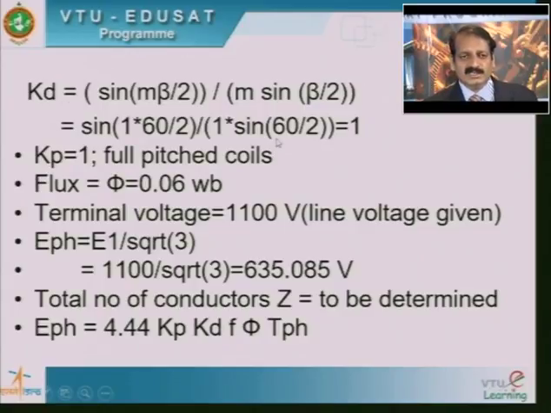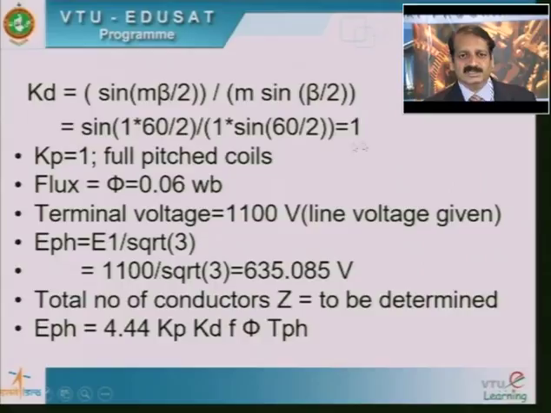It should be noted that if slots per pole per phase is equal to 1, we always get a distribution factor equal to unity. That means it is as good as not distributing among various slots under each phase, because only one slot is allotted for one phase under a pole.